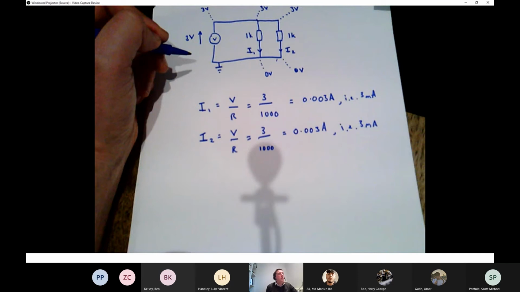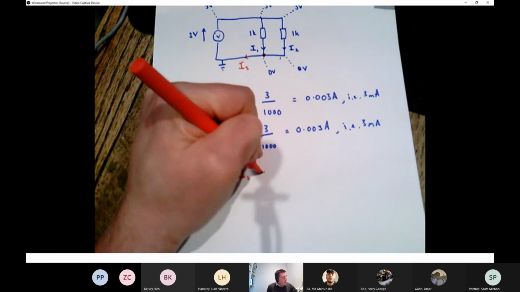And we said that the total current into a node must sum to 0. So I1 plus I2, the currents flowing into the node, must equal I3, the current flowing out of the node. I1 plus I2 equals I3, and therefore I3 is going to be 6 milliamps.